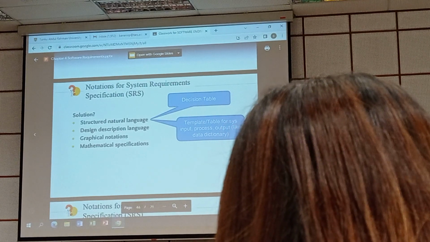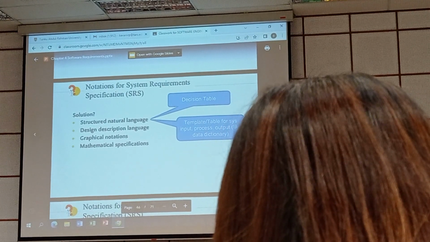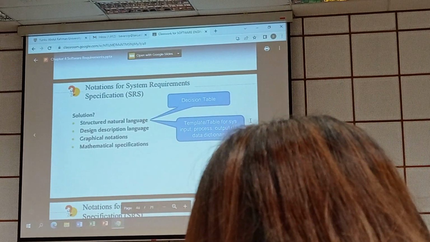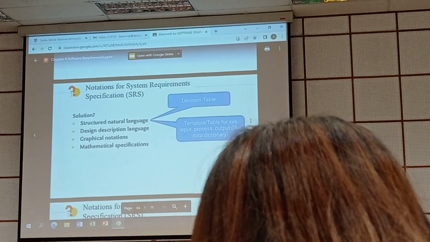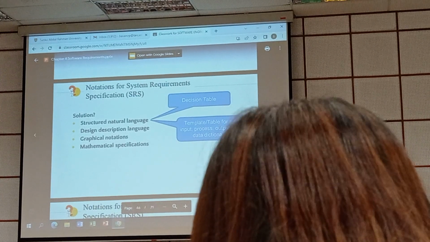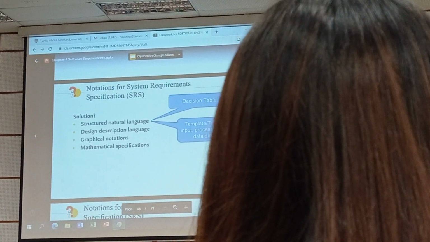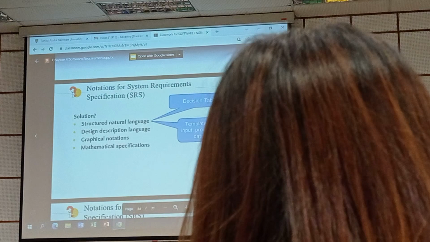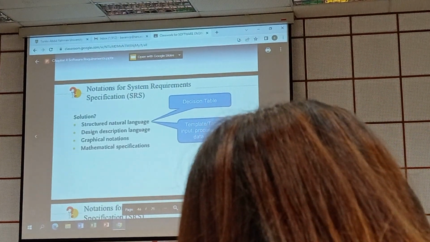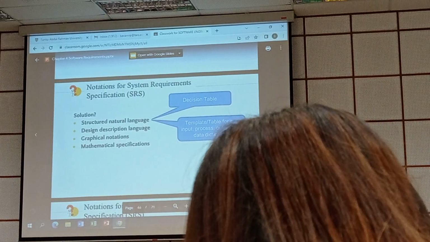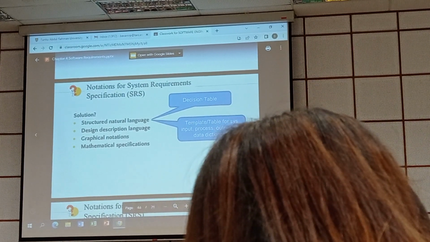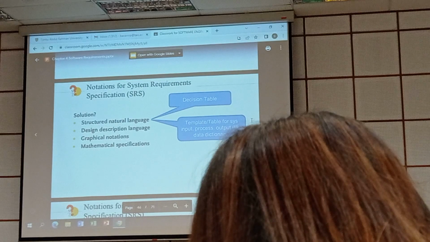Design description language is a UML. What is UML? Unified Modeling Language. So it's a Unified Modeling Language.